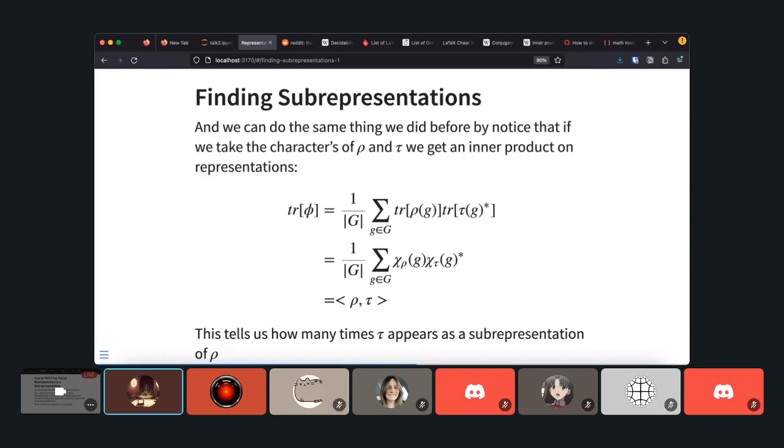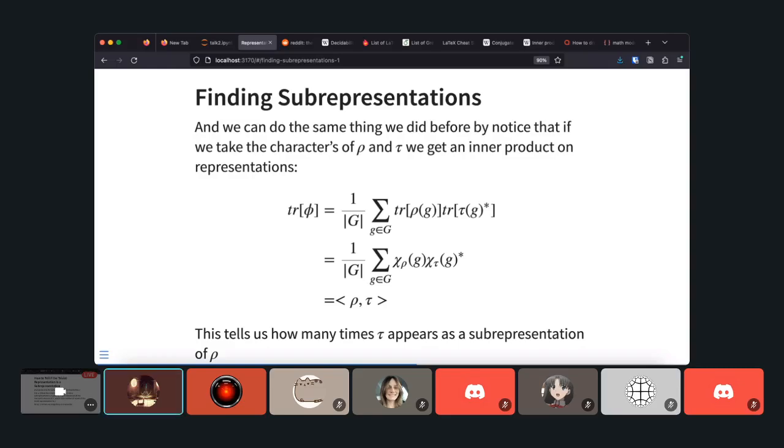Because of the linearity of the trace, it went from a matrix multiplication to the trace sending rho of G to a complex number, and the trace of the conjugate transpose of tau of G. Then this is an inner product, and it's got all of the lovely inner product rules.